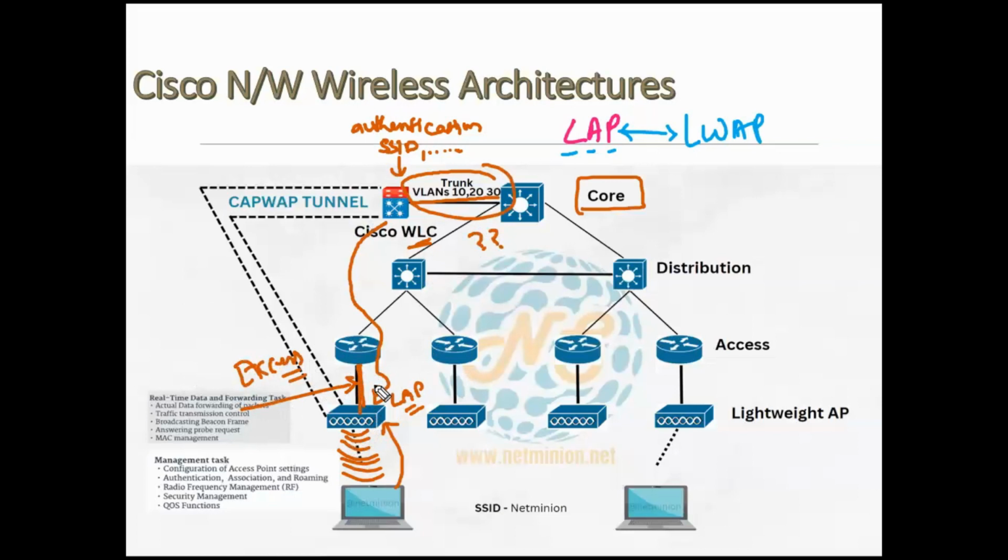But even then, we have multiple SSIDs. If those questions are coming into your mind, it's all right. Hold on for some time, you will understand. There are some conditions applied, because there is one more mode named Flex Connect, which is a little bit of an exception to this. I will cover everything step by step; I cannot give you everything in one go.